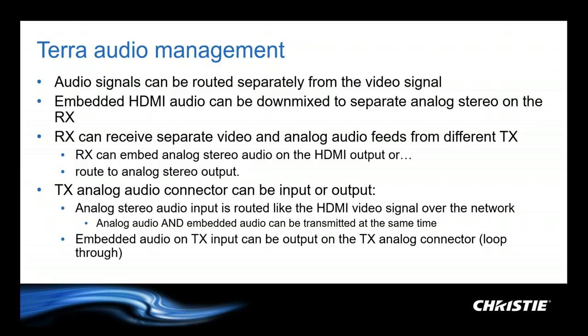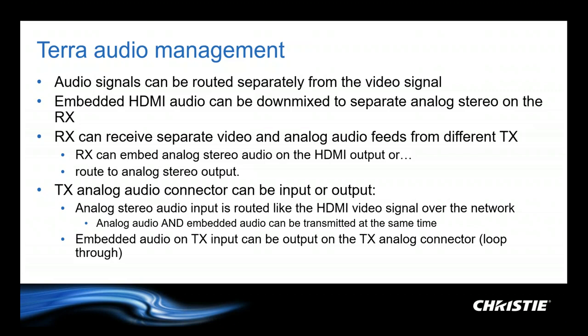And the interesting thing is that from an audio perspective, we can do several different things. The audio signal, like every other type of signal that's connected to the TX, can be routed separately, even if it's embedded. So even if you've got embedded HDMI audio or even on DisplayPort, you can send that separately from the video, and it can be downmixed to analog stereo on an RX or not.